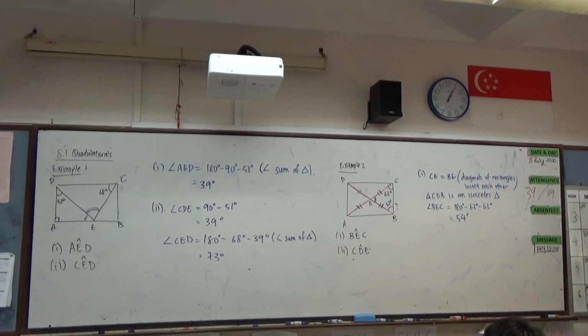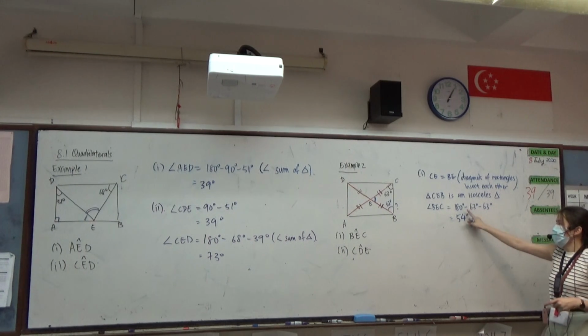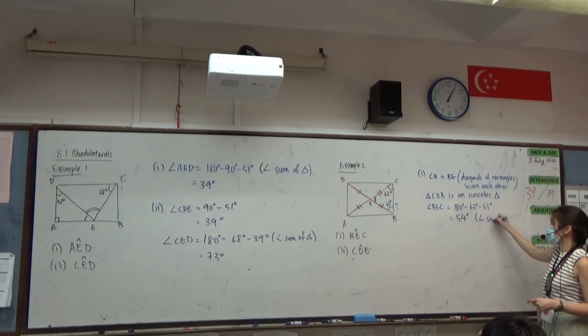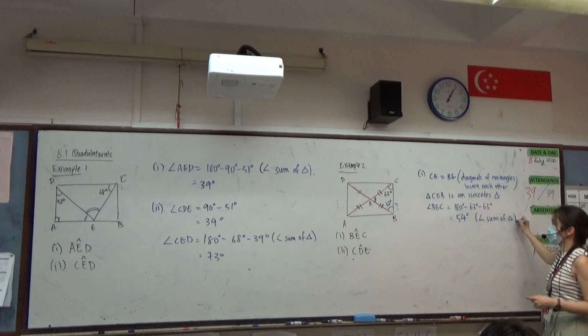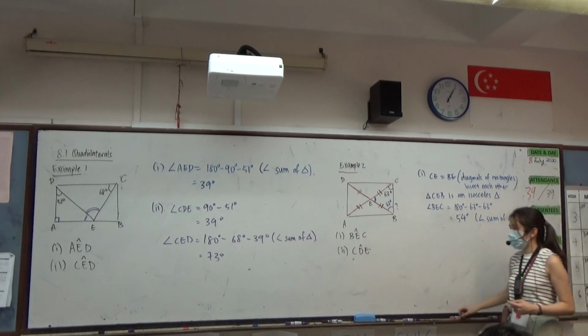That's why triangle CEB will be an isosceles triangle, and therefore we can say angle BEC will be 180 minus 63 minus 63, and this is due to angle sum of triangle. So every single step here would be necessary in your explanation.